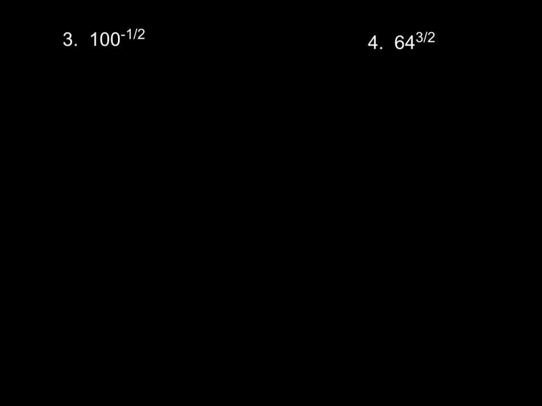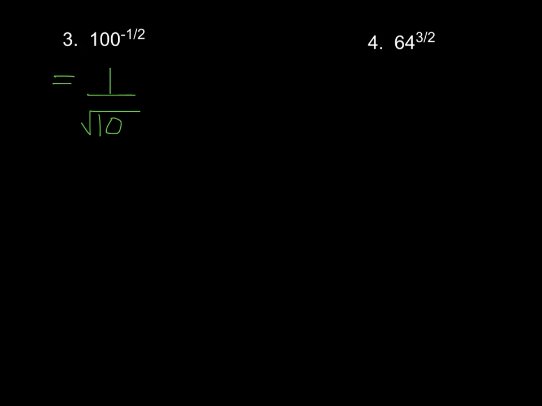Okay, if you look down at number 3 in your packet, the 100 is being raised to the negative 1/2 power. Now notice that we now have introduced a negative. When we have a negative exponent, we're still going to do power over root, but to get rid of the negative, as we talked about yesterday, we're going to just put it over 1.